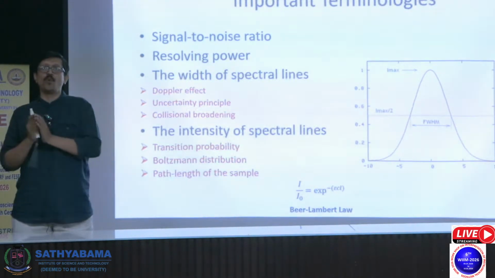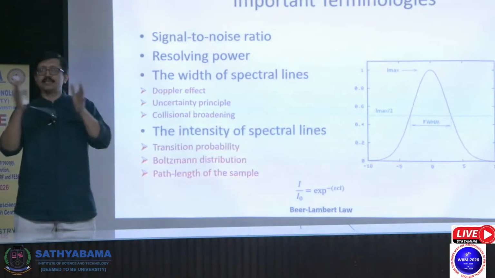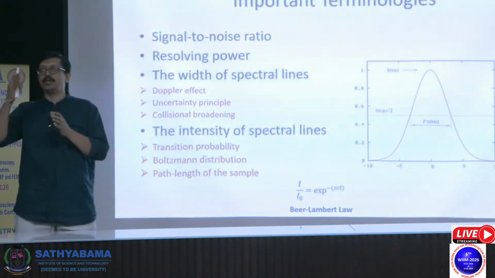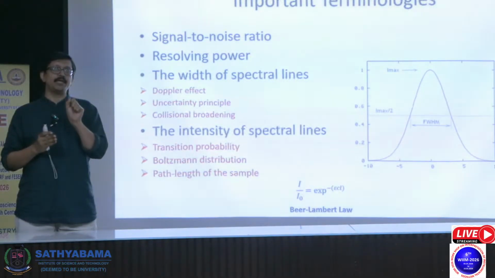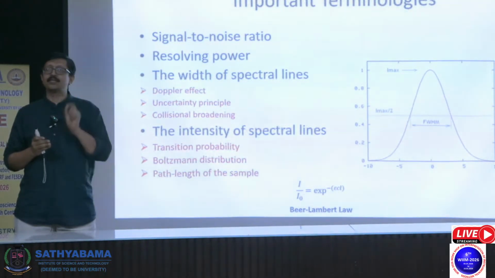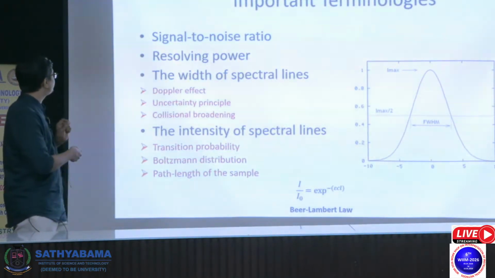So 10,000 to 1, right? That kind of a difference should be there between your signal and the noise. Then you are getting supposedly a good spectrum. So any instrument that you are buying, first time you check its signal to noise ratio. That's very important in getting a reasonably good signal.